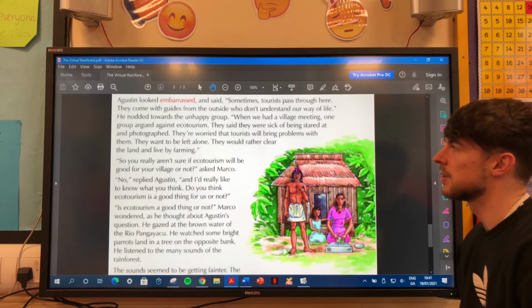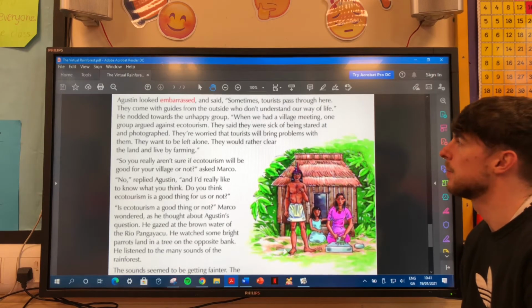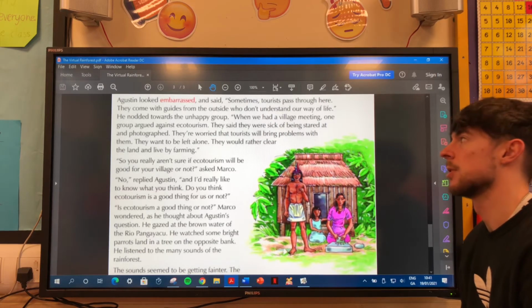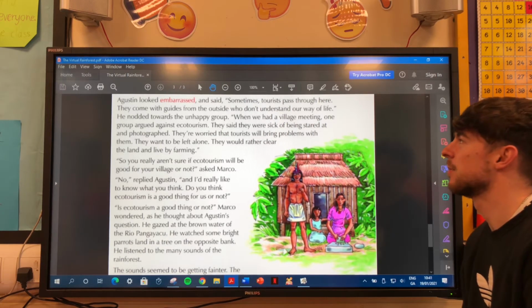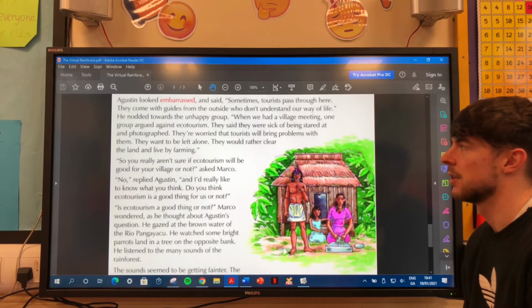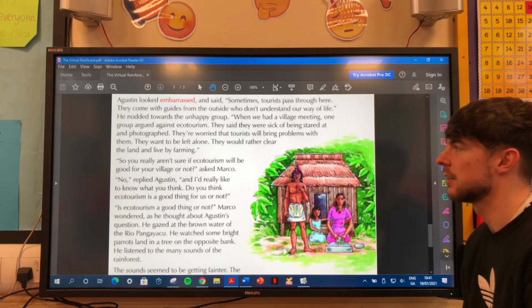He nodded towards the unhappy group. "When we had a village meeting, one group argued against ecotourism. They said they were sick of being stared at and photographed. They're worried that tourists will bring problems with them. They want to be left alone. They would rather clear the land and live by farming."